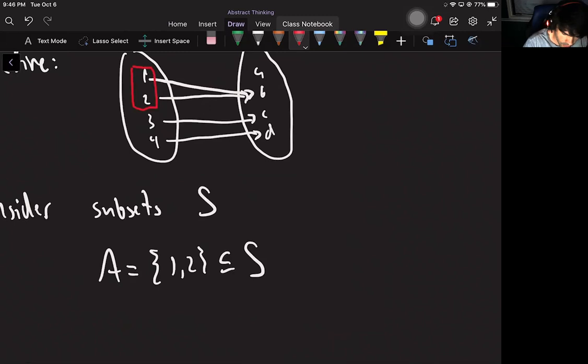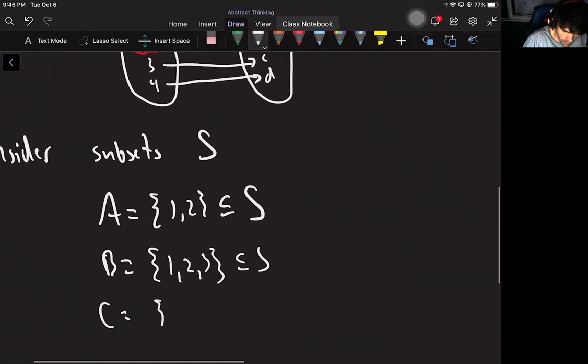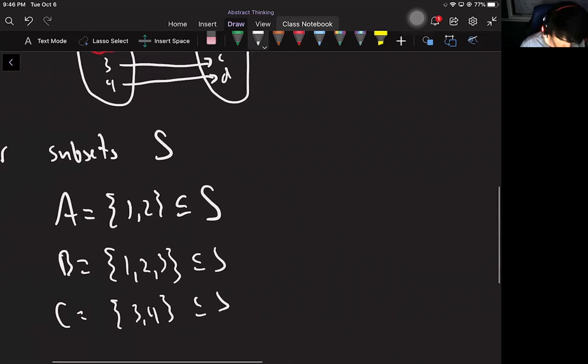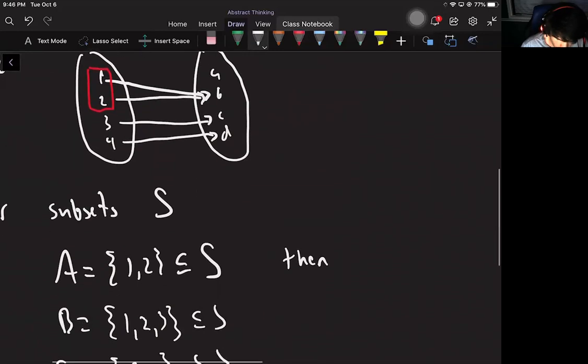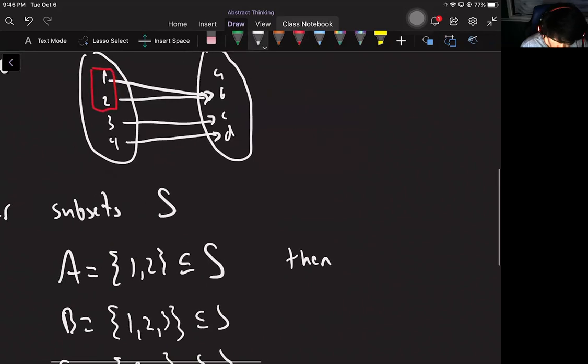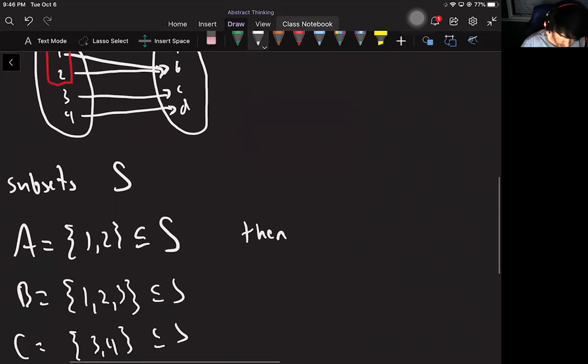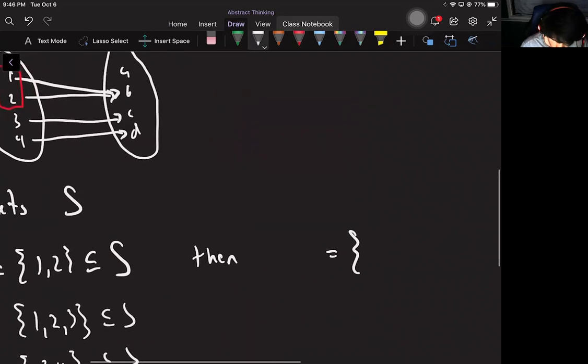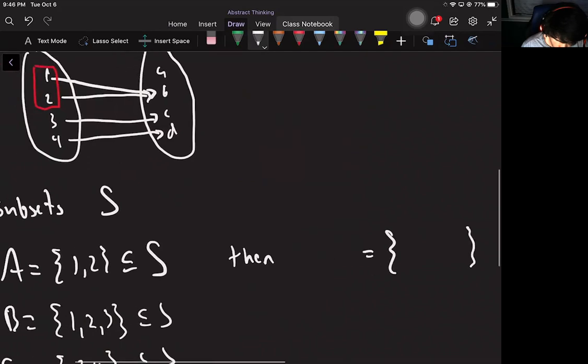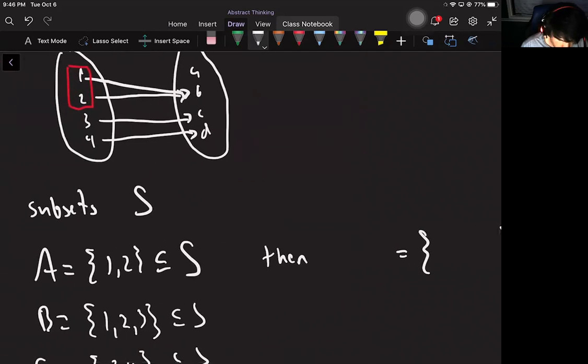So let's do a couple of these. So that'll be A. What about like this one? 1, 2, and 3. It's another subset. I don't know, 3 and 4. Another subset of S. So then, if I want to think about the set that they go to instead of the element that they go to when I'm sending elements over, I really should be thinking of a set of elements that come from plugging in elements of the first subset.